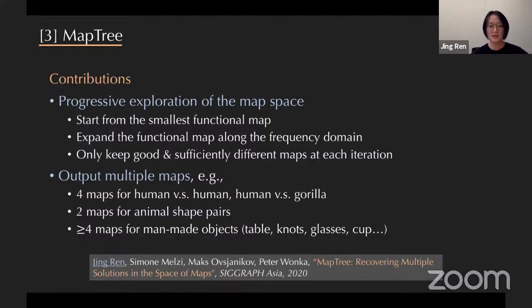In this case, the tree can grow very fast, and it can quickly become intractable. So we also need to prune the tree and only explore the good ones. We can use commonly used functional map energies based on geometric constraints to determine if a node, which is just a functional map, is good or not. If it's bad, we just remove it. And also in this case, sufficiently different maps is well defined.